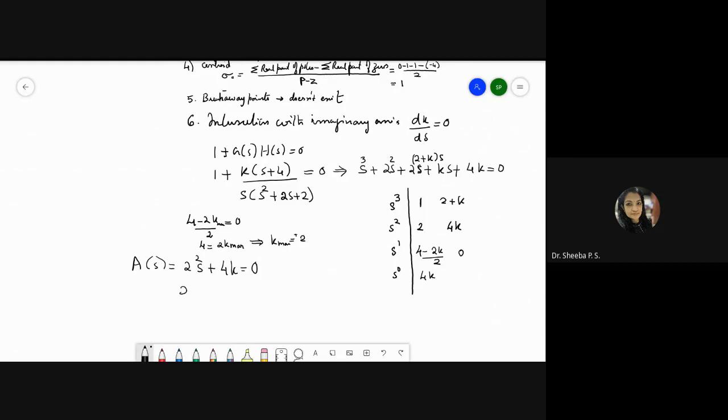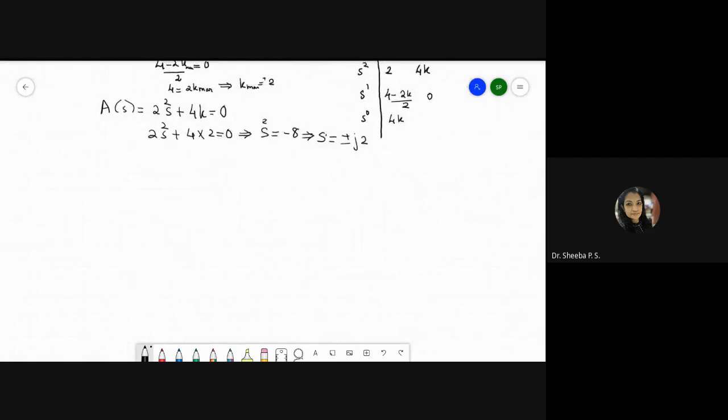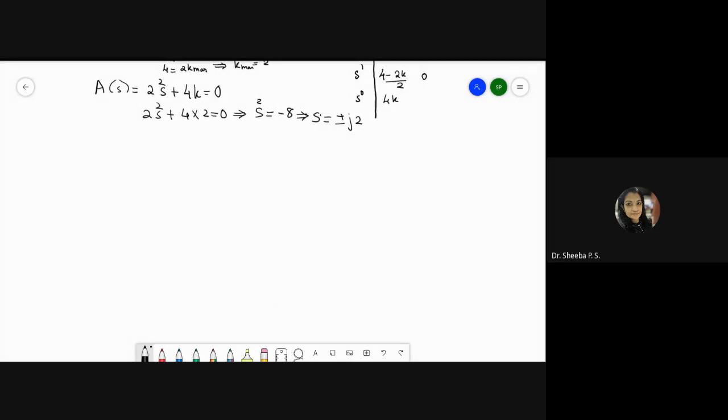So 2s square plus 4 into 2 is equal to 0. So you will be getting the value of s square as minus 4, which gives s is equal to plus or minus j2. So you got the value. So this is the point of intersection with the imaginary axis. Okay. So what I can do is I'll just redraw that one here.